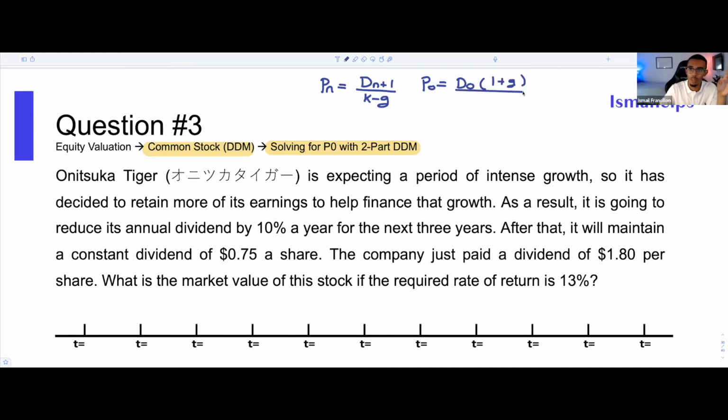When we are dealing with common stock DDM questions, you're only looking for 3 variables. That's your only goal, and then we just need to place them onto our timeline. I'll draw another one just for fun, so it's really clear. They're all the same formulas, just written in different ways.